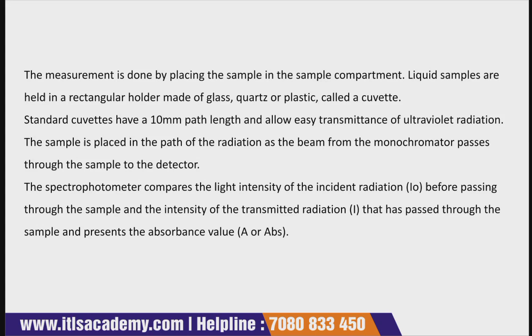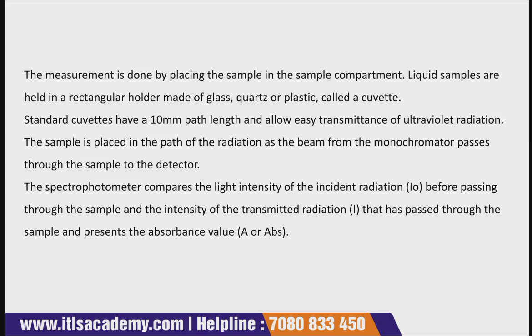You take a liquid sample and hold it in a rectangular holder, and this rectangular holder should be made up of glass, quartz, or plastic, which is known as a cuvette. The standard cuvette has a 10 mm path length and allows easy transmission of radiation.